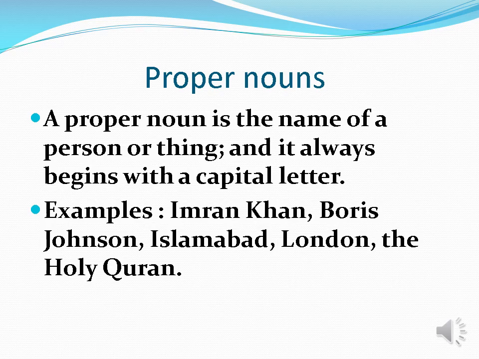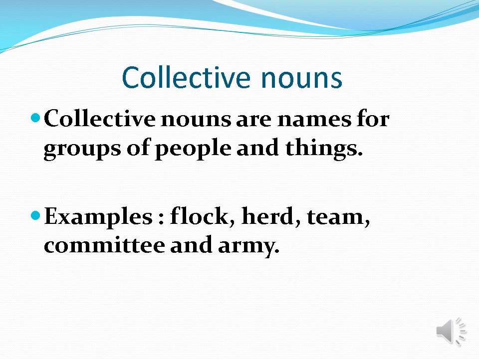Something that I've not written on here is things like qualifications and, of course, abbreviations. So PIA or BSc, BA, MBBS, they're also written with or start off with a capital letter and are known as proper nouns.